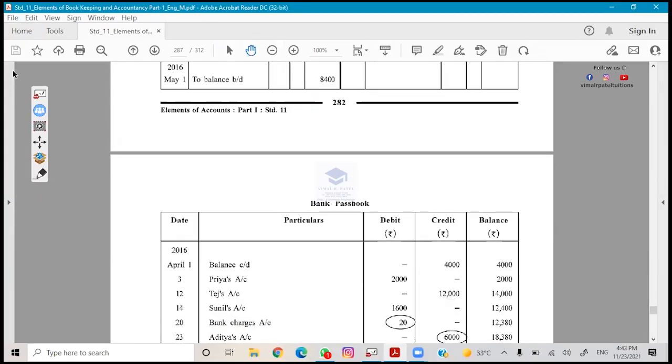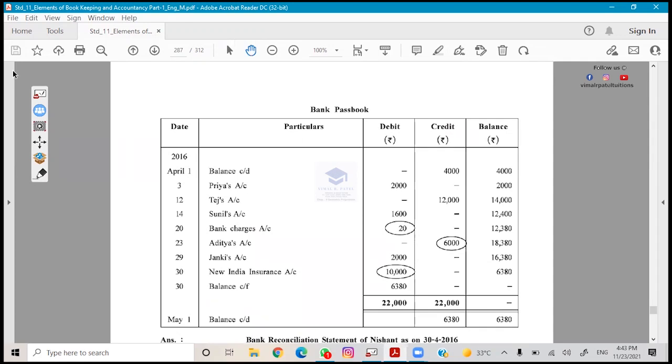Now let's look out for transactions in passbook which are not recorded in cash book. Bank charges on the debit side. Bank charges debited by bank but not recorded in cash book.